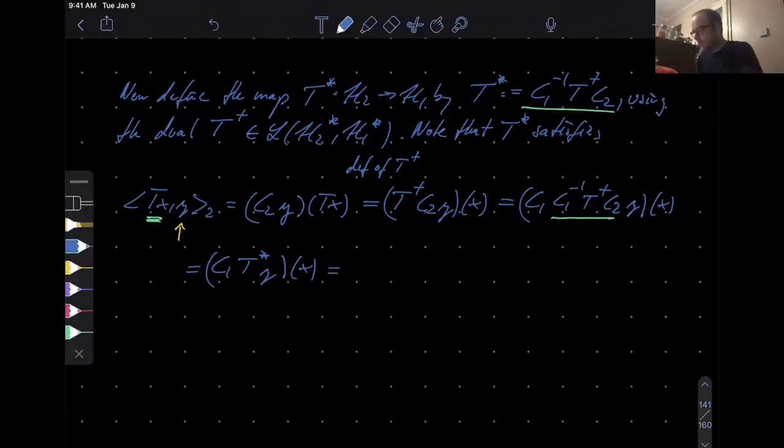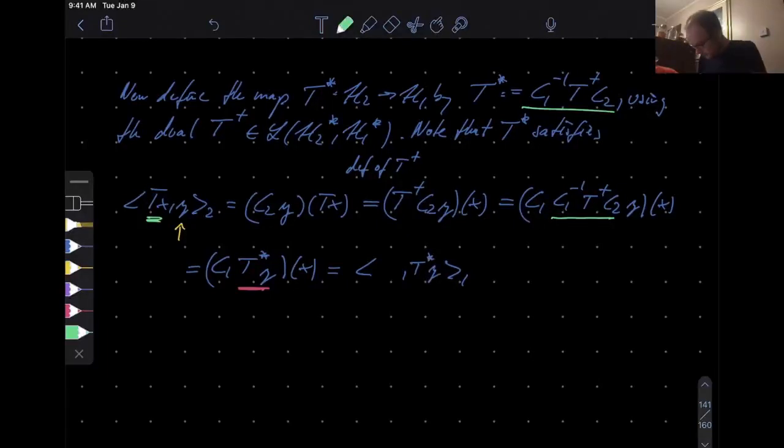So C1 sends it to an inner product in the first space. Let's have some more space here. And this one here, that's the vector that appears in the second entry, so T star y.